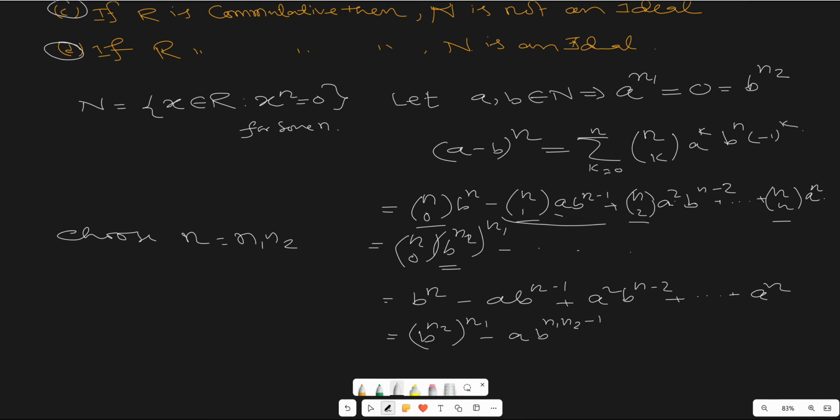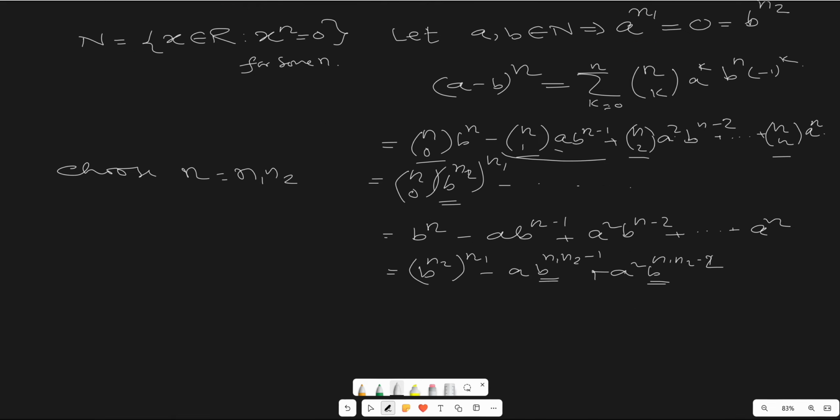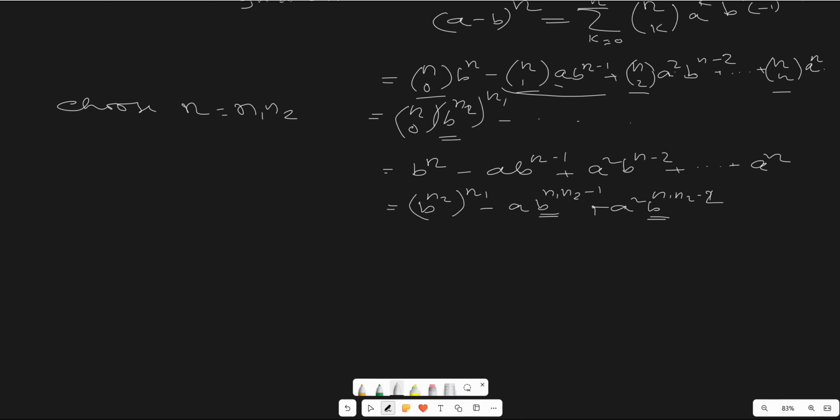So the power n1 n2 will give you 0 here, plus similarly a squared b to the power n1 n2 minus 2, this will give you 0, and this will be anyway 0. So all the terms will be 0.